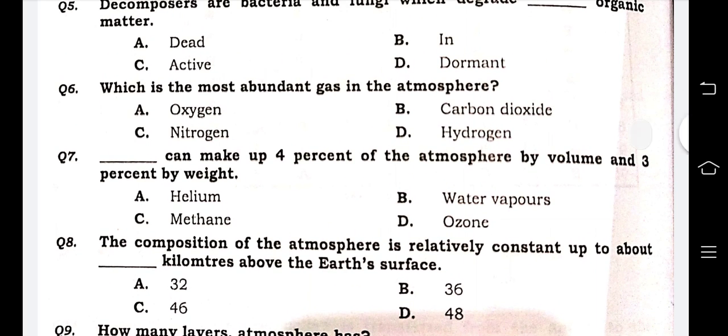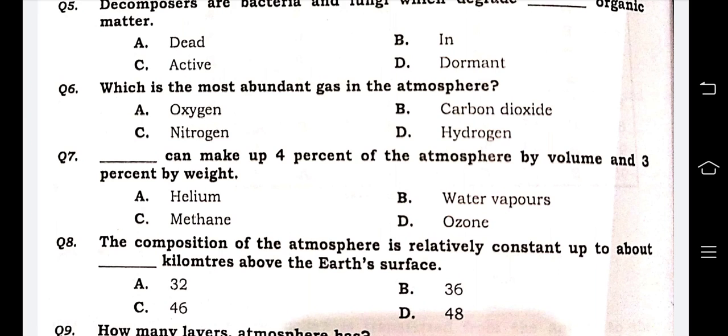The composition of atmosphere is relatively constant up to about dash kilometers above the earth's surface: option A 32, option B 36, option C 46, option D 48.